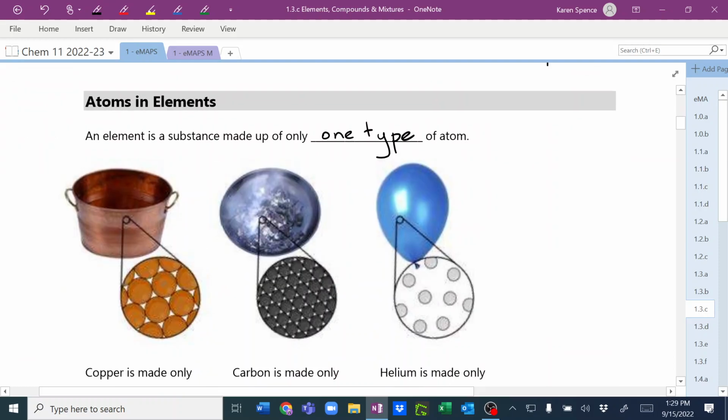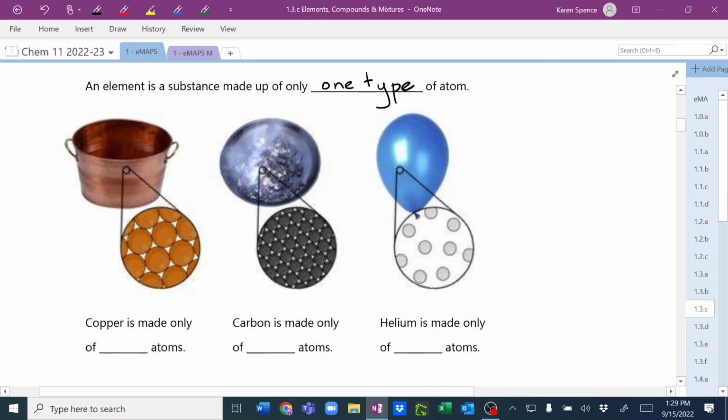So here we have copper. It's made only of copper. Carbon is made only of carbon. And helium is made only of helium atoms. So those are all elements.